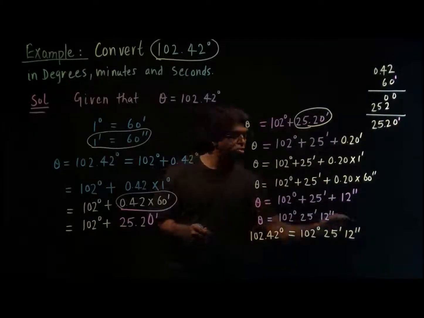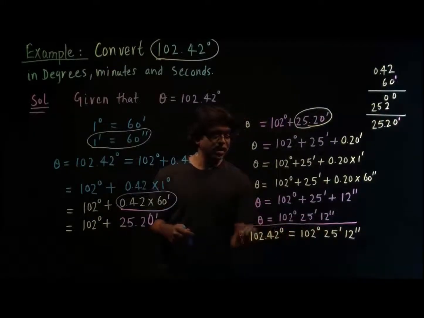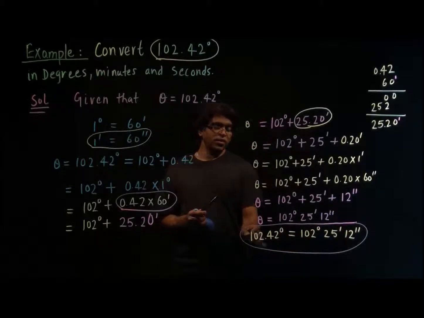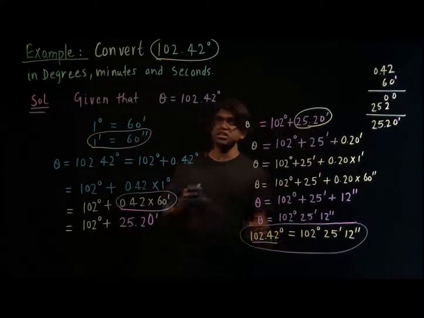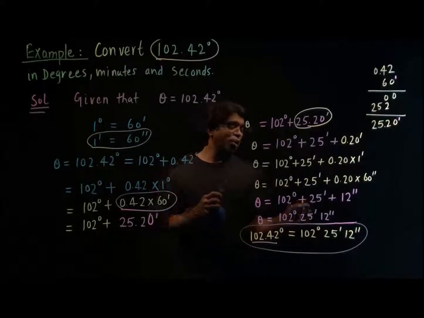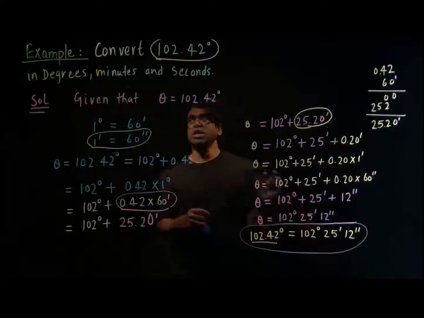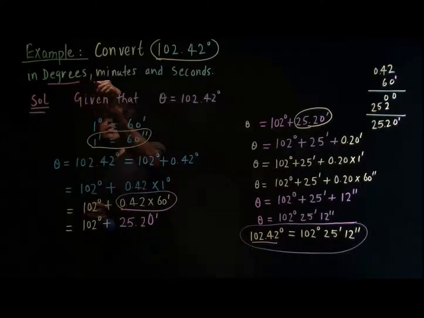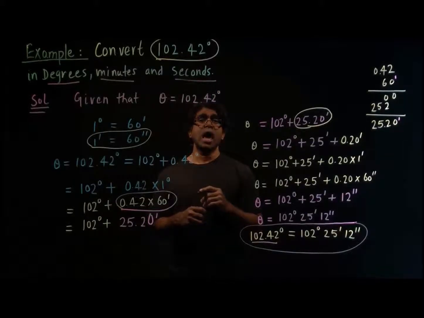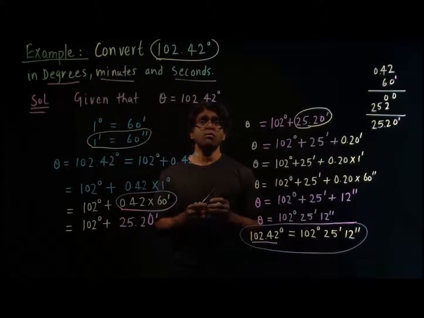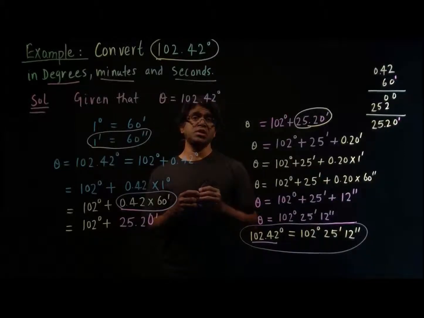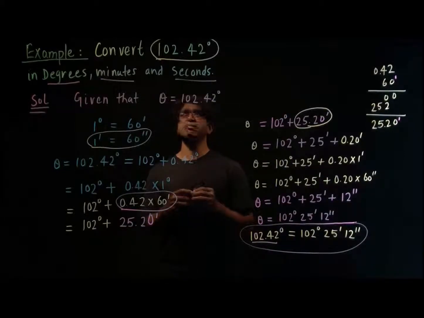So these two numbers are basically the same. The only difference is the first number, the one given in the question, is written in terms of degrees, but the one that we converted is written in terms of degrees, minutes and seconds. And this is how we will convert any angle given in degrees into degrees, minutes and seconds.